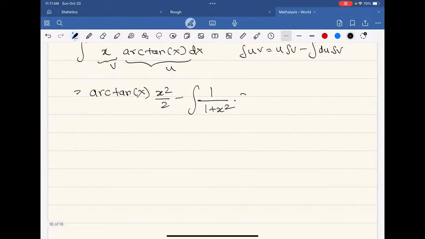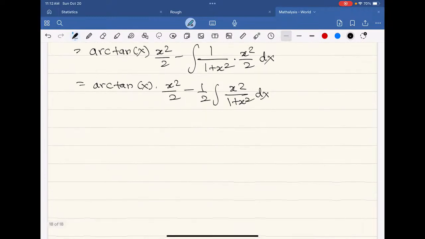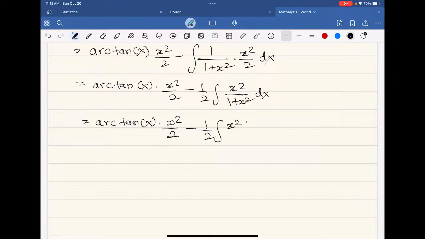Now this is arc tan of x times x square by 2 minus 1 by 2 times the integral of x square by 1 plus x square dx. Now I can introduce a plus 1 and minus 1 over here.